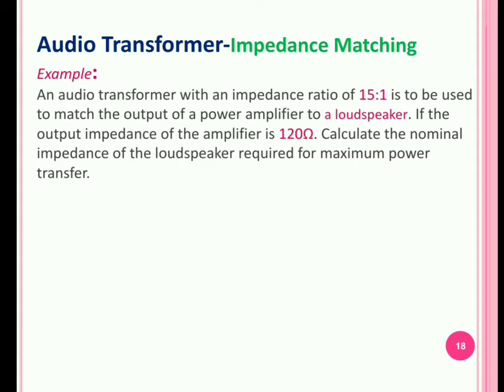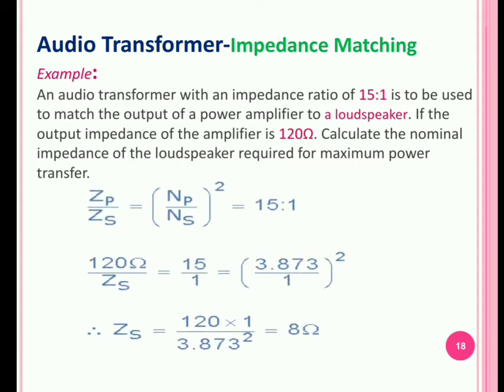Let us calculate now from the equation we just derived in the previous slide. Zp by Zs is equal to (Np by Ns) whole square, and that is given as 15 to 1. So Zp is given as 120 ohms, Zs we have to find out, and (Np by Ns) whole square is given as 15 by 1.